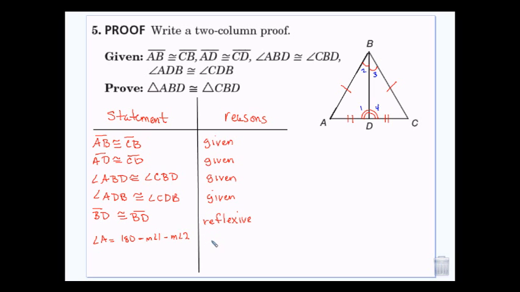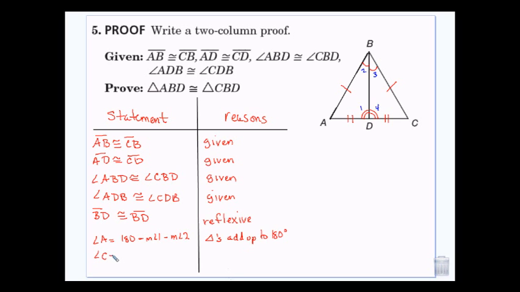ABD is congruent to CBD is what we're trying to prove. We wrote it down as given. Oh, wait a second. No, I didn't. I wrote the angles down. Okay, that's just subtraction. Or actually, it's not subtraction. I'm sorry. No, triangles. Because triangles add up to 180 degrees.